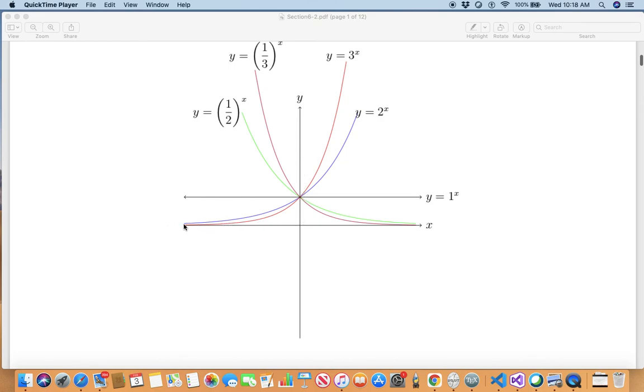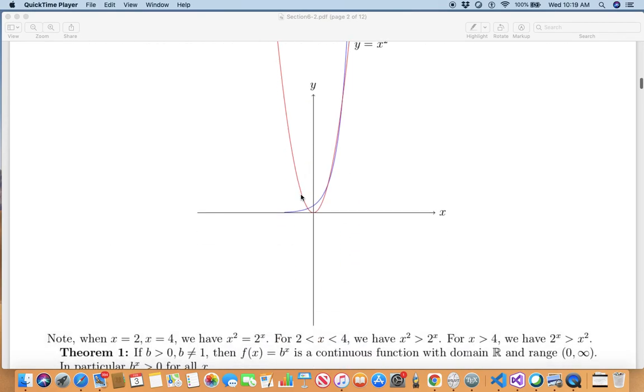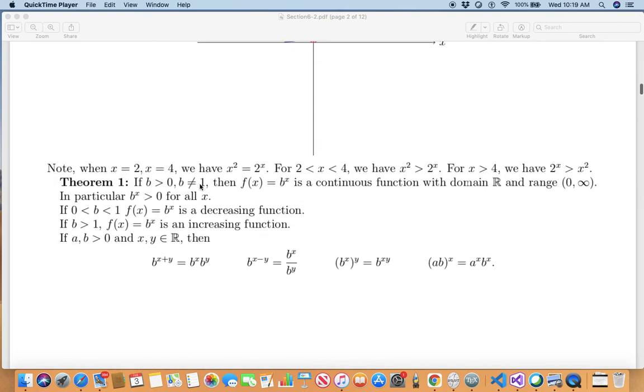You see, very low to very high and so on, except the case when you have a constant function. Constant function has only one point in the range, whereas this is where we need to exclude that constant case. So for non-constant case, you have range open 0 to infinity. In particular, b power x is greater than 0 for all x.